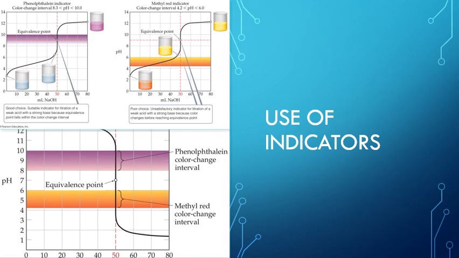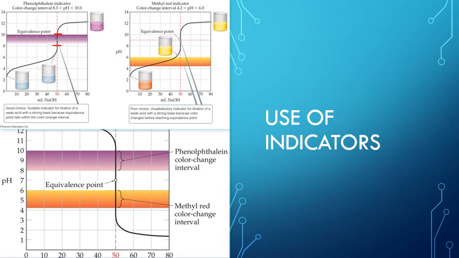So if I'm doing that for that strong base, weak acid, then I have a very good chance that my color change is in the steepest part of my titration curve. And so as a result, it's not going to have a large variance in the volume of the titrant that I'm adding if the equivalence point for the reaction is at 8.